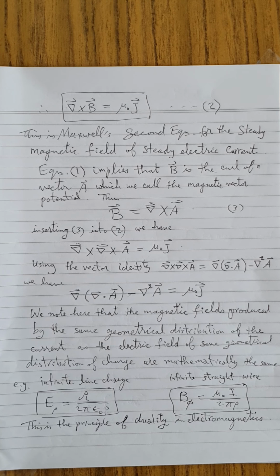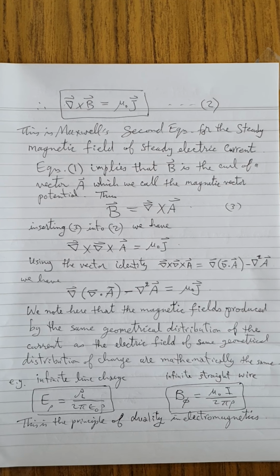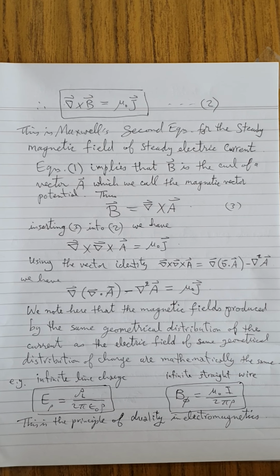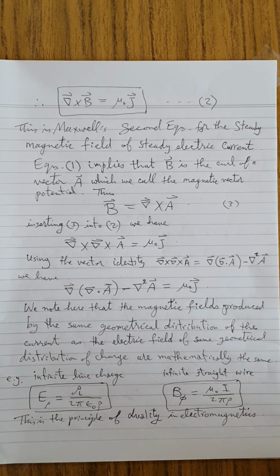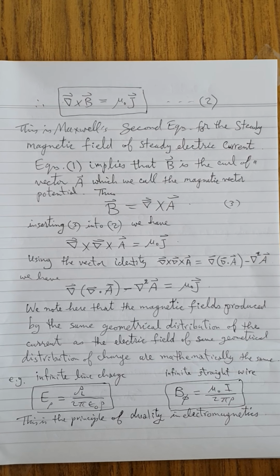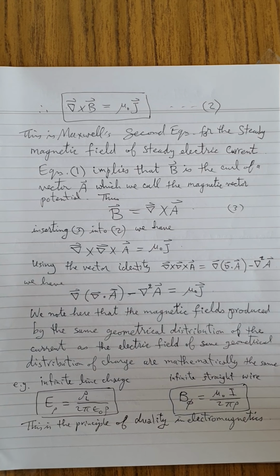Now we look at the principle of duality between electric fields and magnetic fields in order to be able to find the governing equation for the vector potential A. If we look at the electric field of the infinite line of charge, we find that E rho is equal to rho L over 2 pi epsilon rho, and the line was extended along the z-axis.